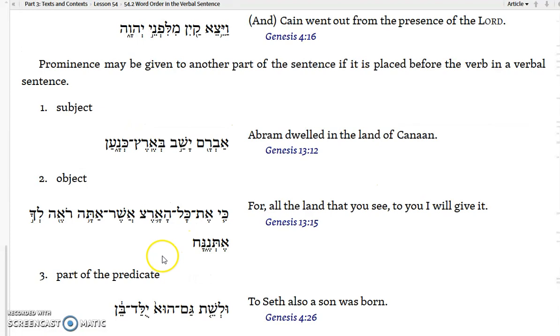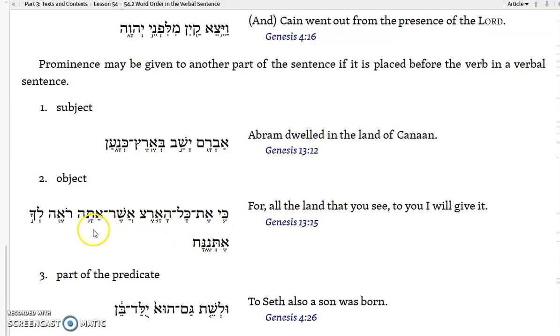Or you could put the object in front of the verb in order to emphasize the object. Ki et kol haaretz asher ata ro'eh lecha etnenah. And so here it starts off with the object marker.